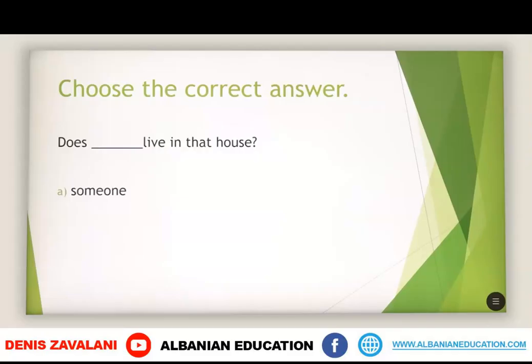Does someone, no one, or anyone live in that house? Try to use one of these pronouns to complete the gap. It's C. Does anyone live in that house?